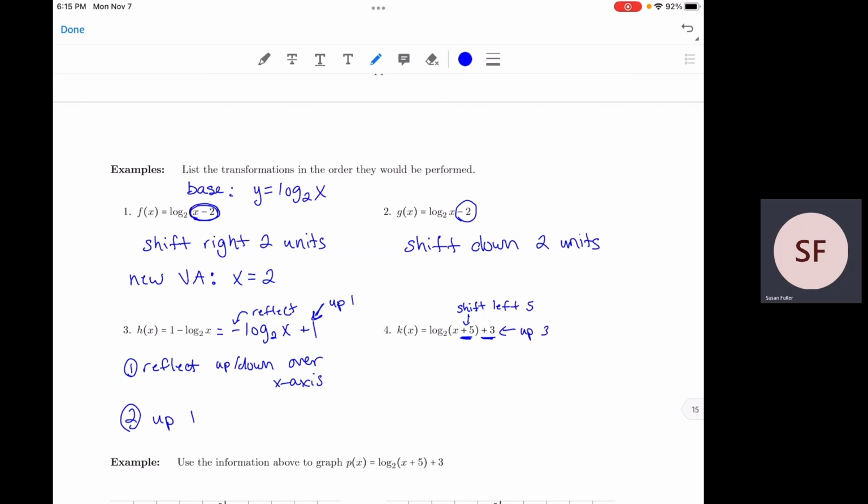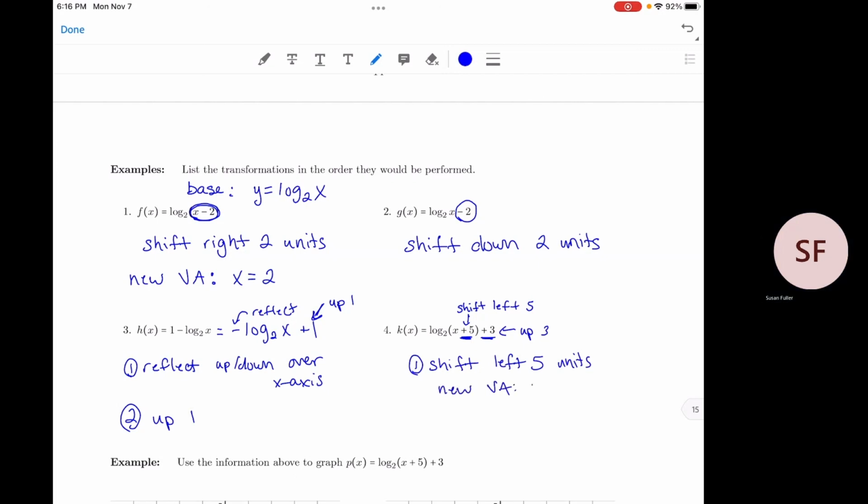Okay, and then let me list these in the order that they would be performed in. The first thing that I'm going to do is the left and right shifting. So I would shift this whole thing to the left by 5 units. And when I shift to the left, my new vertical asymptote will be x equals -5.